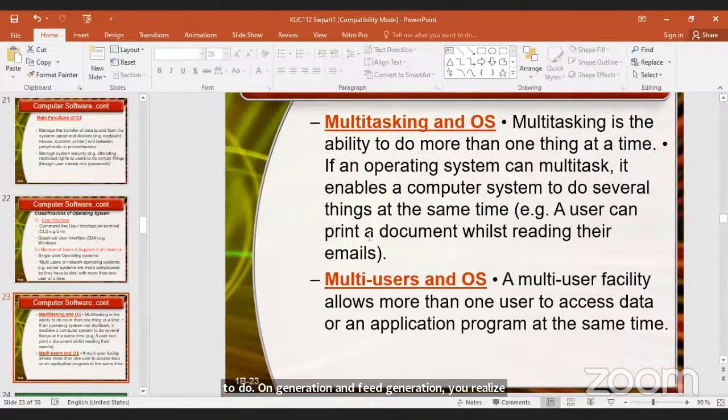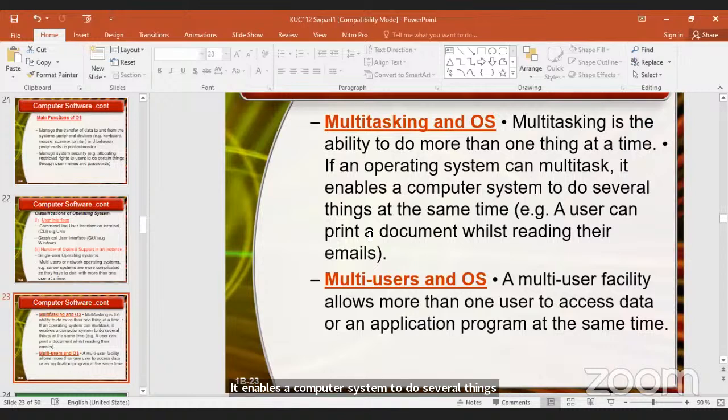There was an introduction of multitasking, where many programs can run at the same time on a single computer. So if an operating system can multitask, it enables a computer system to do several things at the same time.